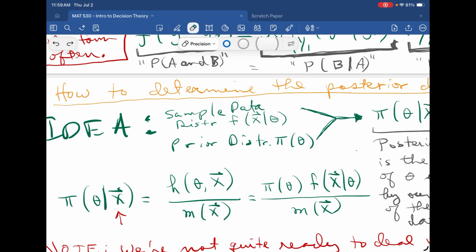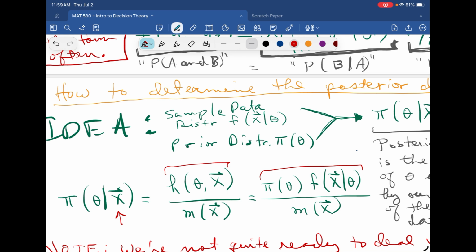And if you wonder why that's true, just equate these two and then divide by the marginal on both sides, and what you'll get is the defining formula for this distribution of x given theta.